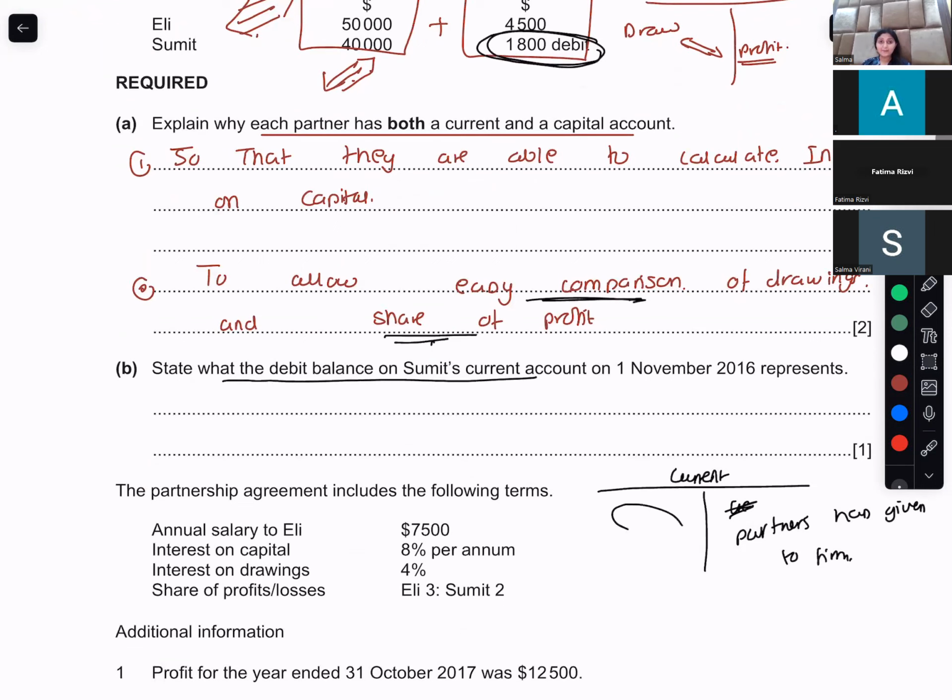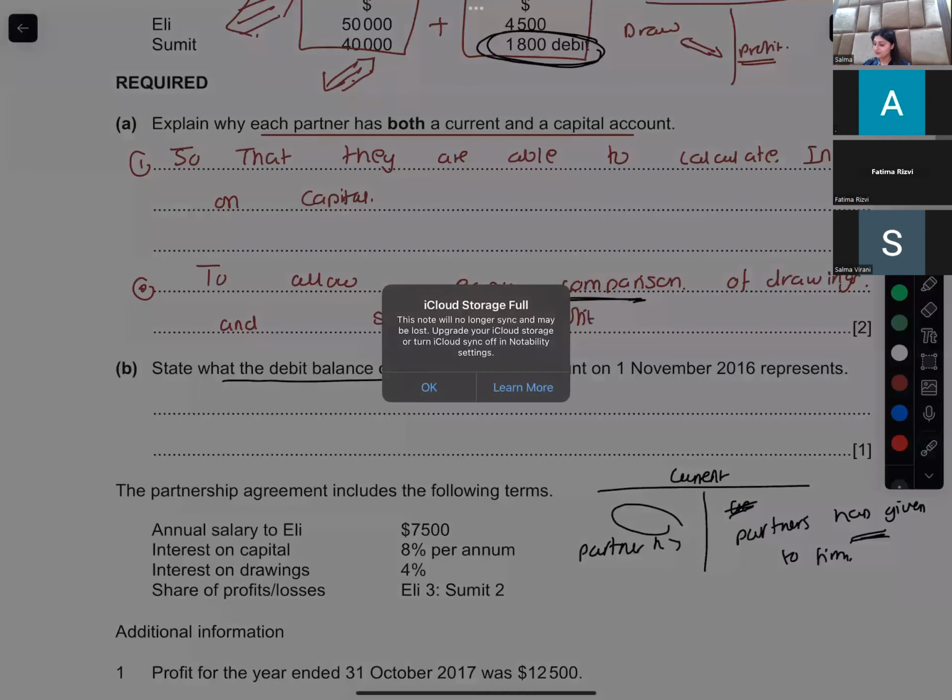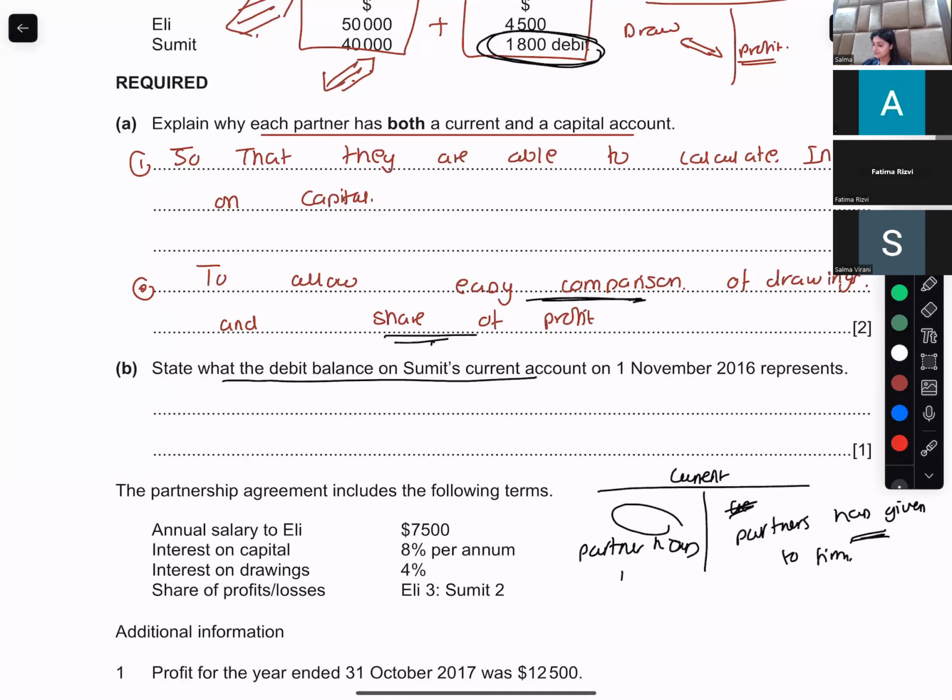But if there is a debit balance, it means what? The partner has already taken, and this partner has to give to the firm.